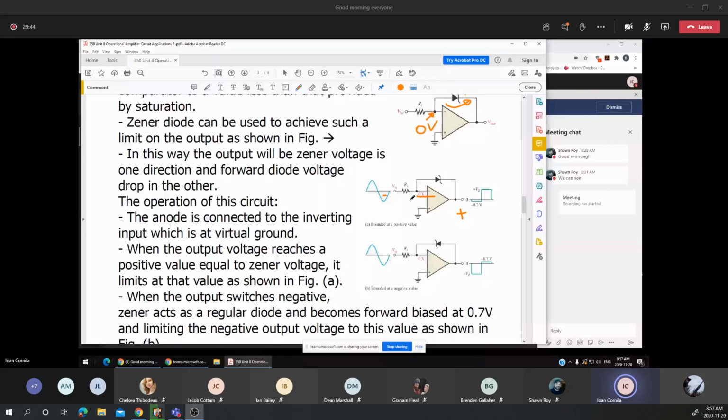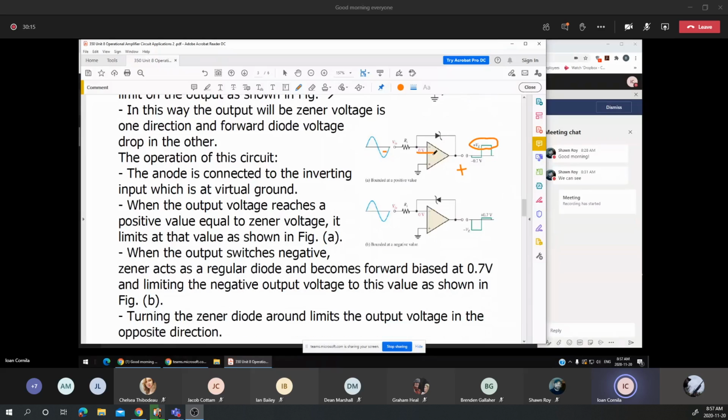This means that the diode will act as a Zener diode, which will limit the output voltage of the op amp to the Zener voltage, the VZ value. Again, it can be any of these standardized voltages: 2 volts, 3 volts, 5 volts, 10 volts, and so on.